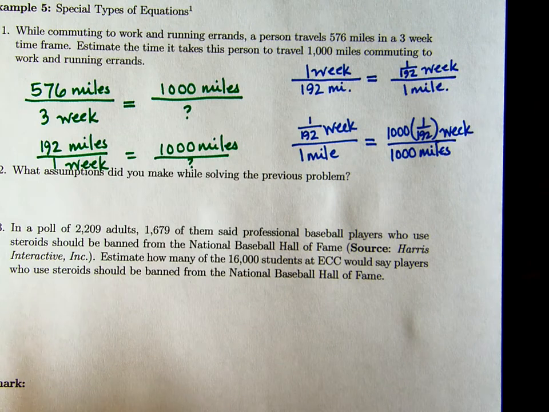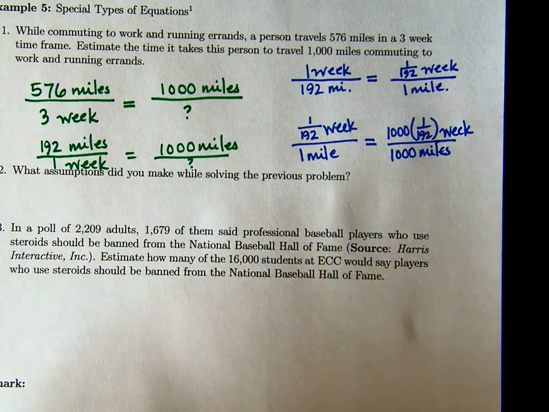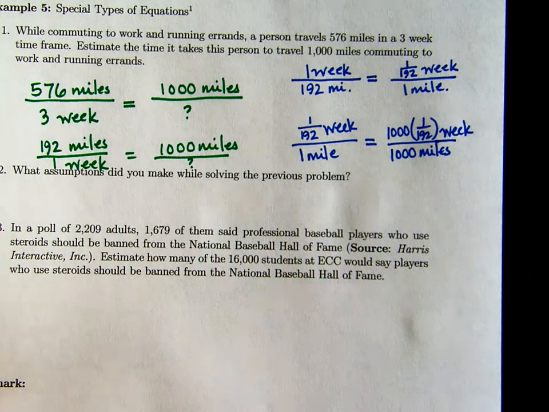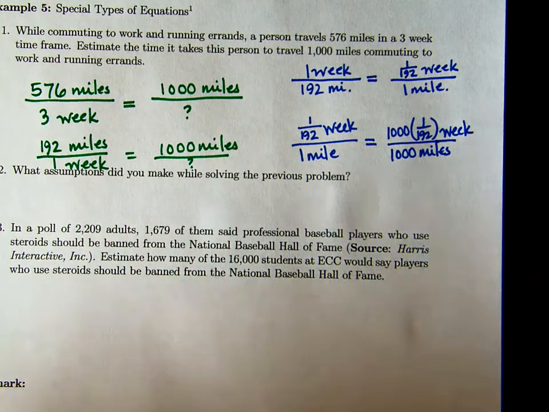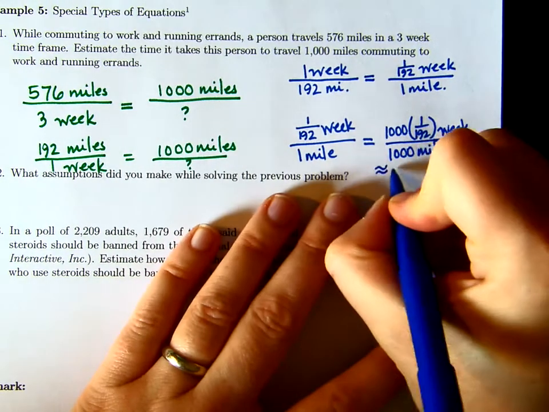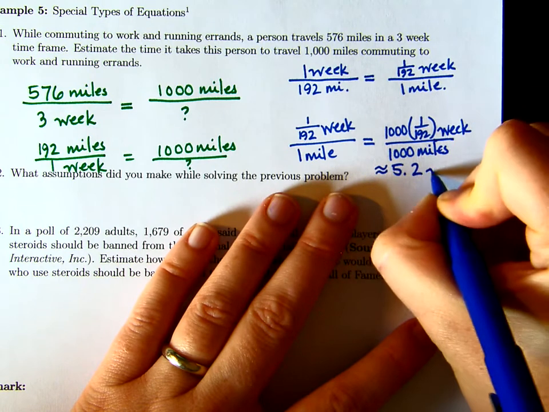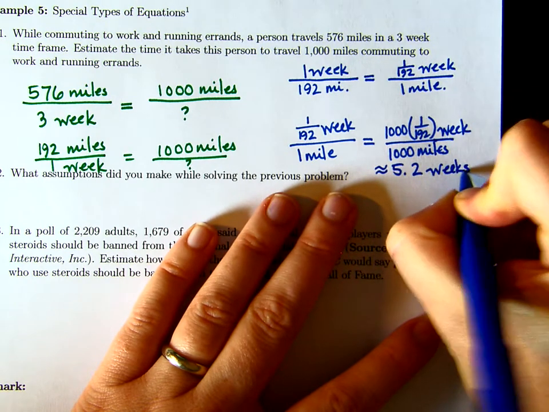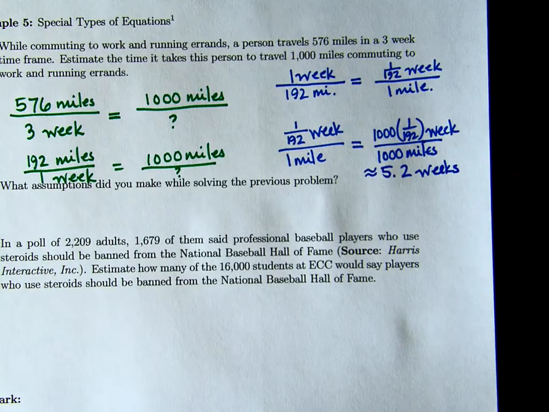Now, 1,000 times 192nd is approximately 5.2. So that is, by the way, 5.2 weeks for 1,000 miles.